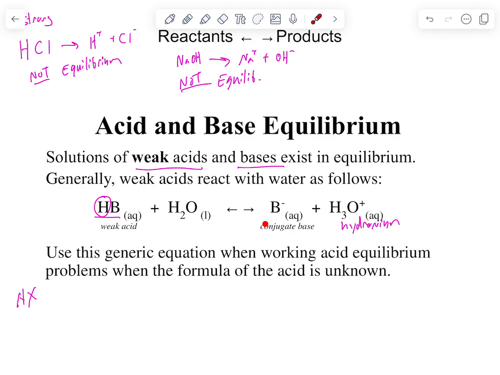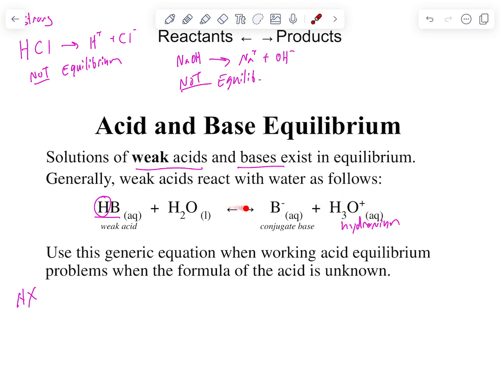And this guy here, the B minus, is what's left over after the H plus has left. Now, if something with a charge leaves, then it leaves behind something that is charged. So a positive has gone away, so that is why the remaining charge here is negative. The positive, the H plus, attached to the water, and that is why H3O has a positive charge.